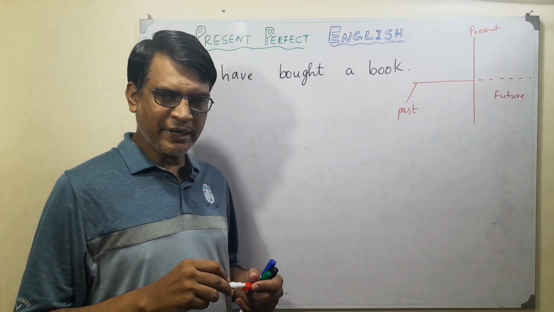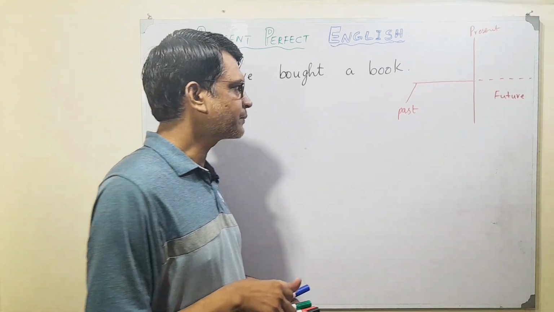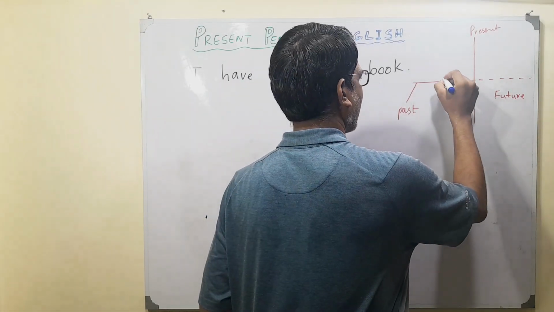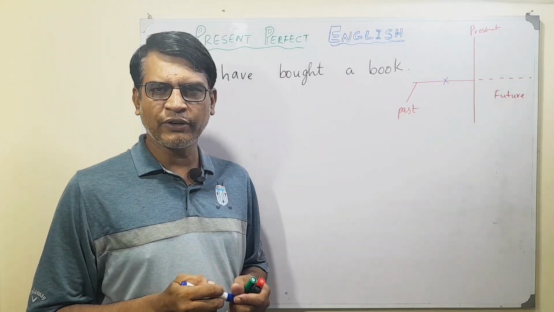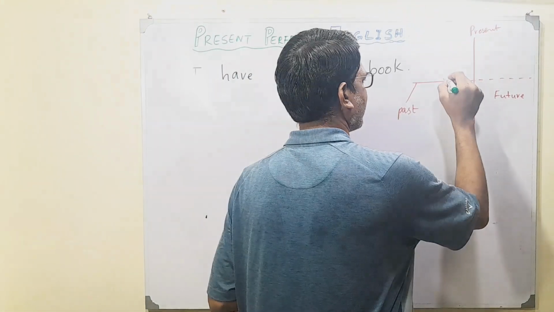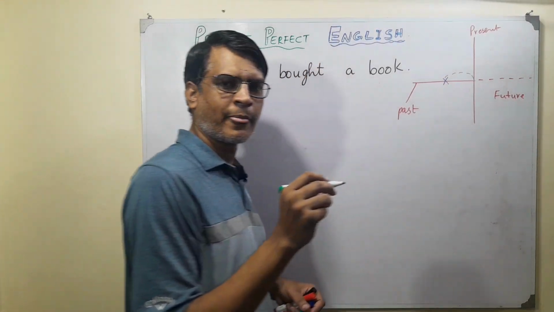Present perfect basically is an action that happens, definitely it happens in the past. The action of present perfect happens in the past, but it has an effect in the present.